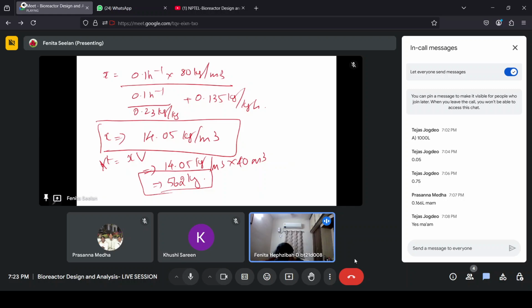So this value is the mass of cells being produced after 6 hours of fed batch operation.